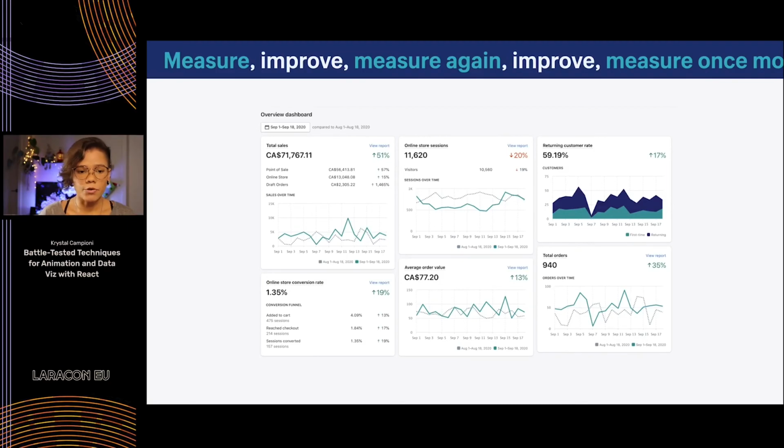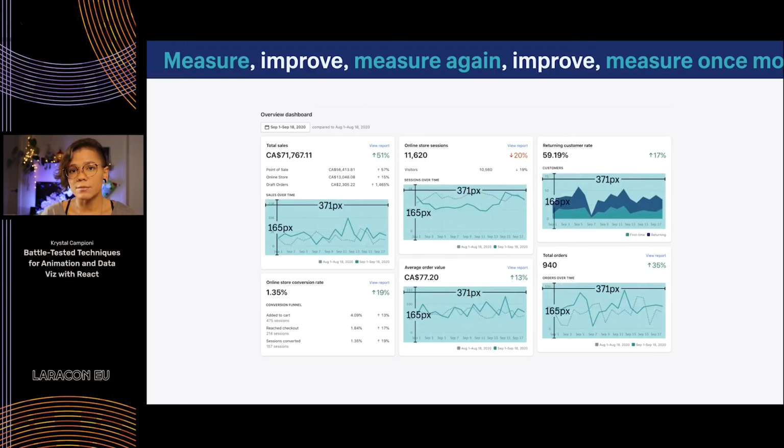Going back to the dashboard though, we might be tempted to use the hook at the chart component level. So every time that we render the chart, we don't have to worry about its size. It's just going to measure the available space and render itself. But if we notice here, all of the charts on this page actually have the same size.